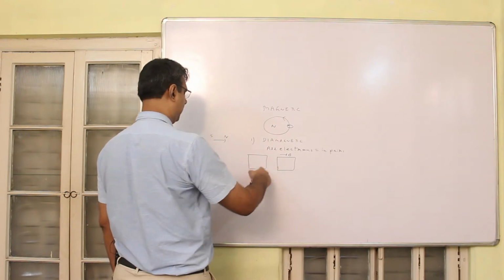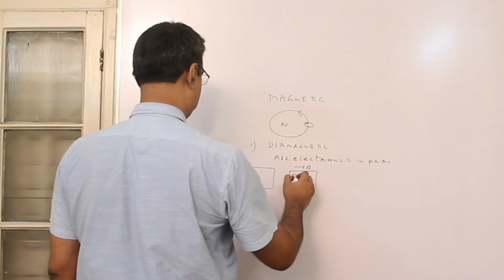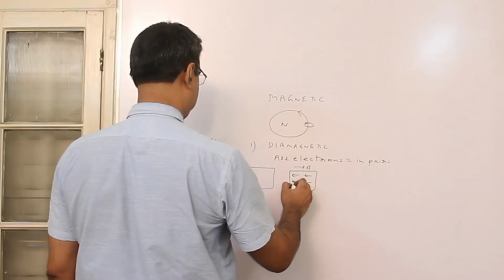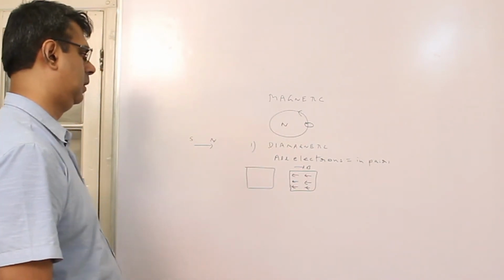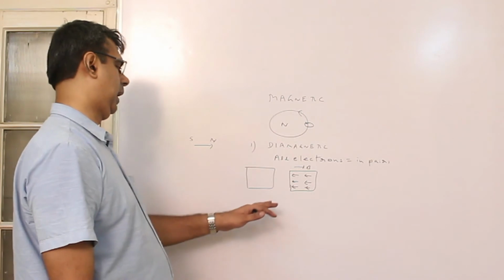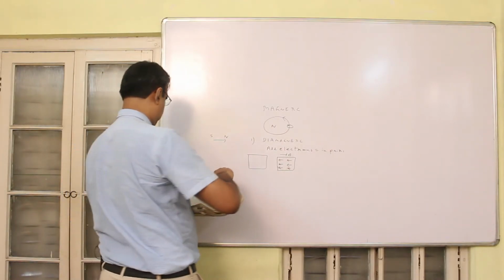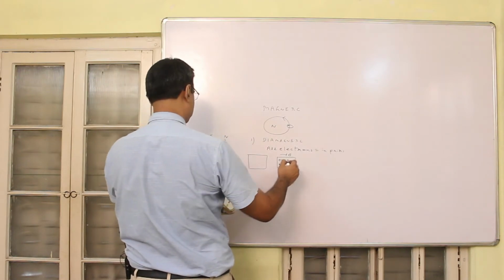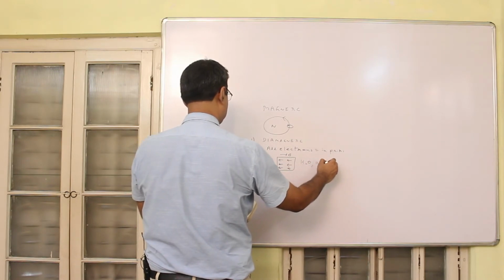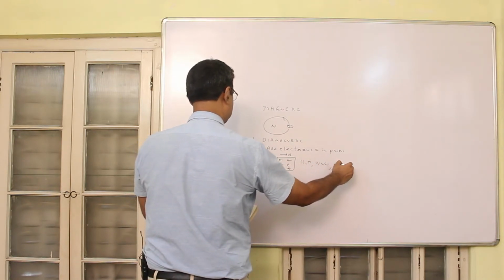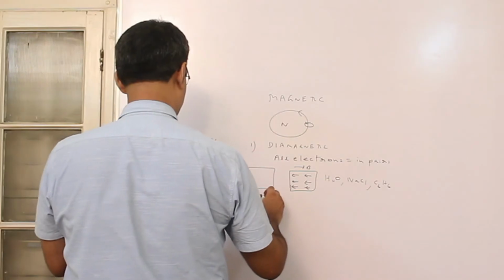If you apply a magnetic field to a diamagnetic substance, dipoles will be induced in such a way that they oppose the external magnetic field. This is the action of a diamagnetic substance. Examples include H2O, NaCl, and C6H6.